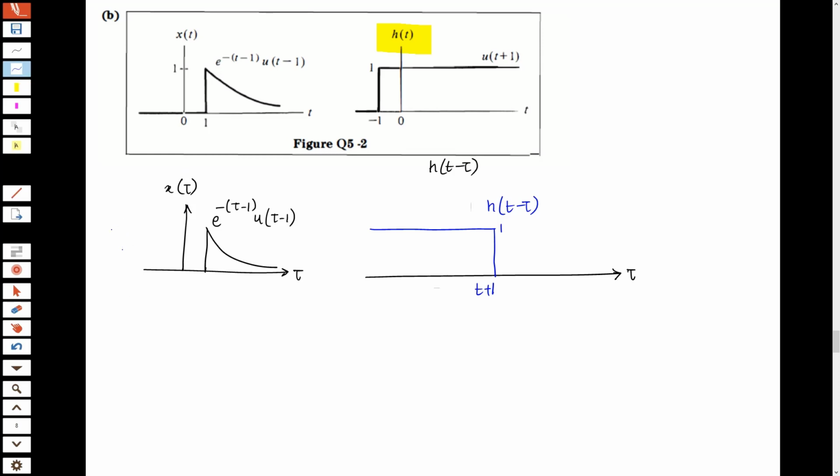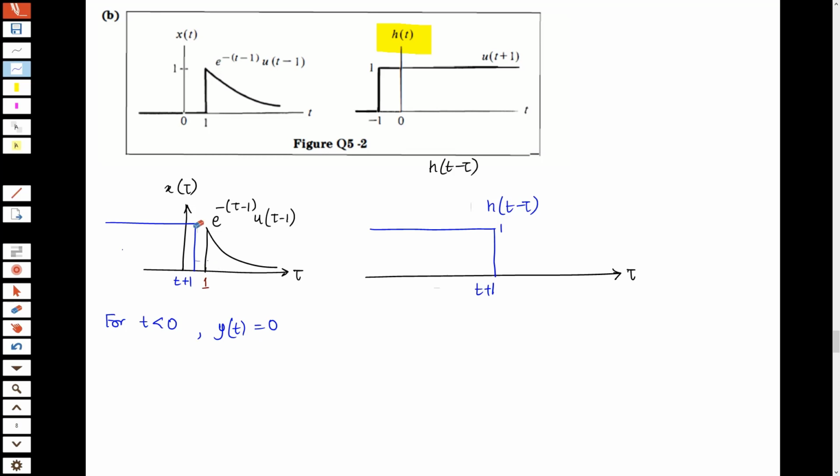So the first case is, this value is 1, right? So the first case is when, say, a case like this. So the case is that for t plus 1 less than 1, that means t less than 0, until these two edges have not met, the product is 0.